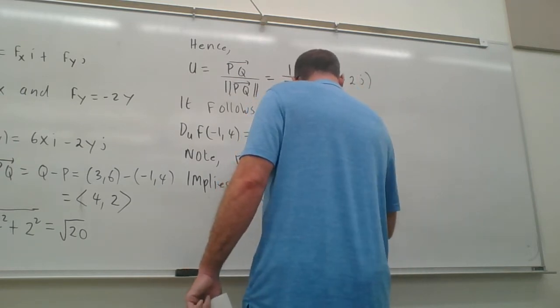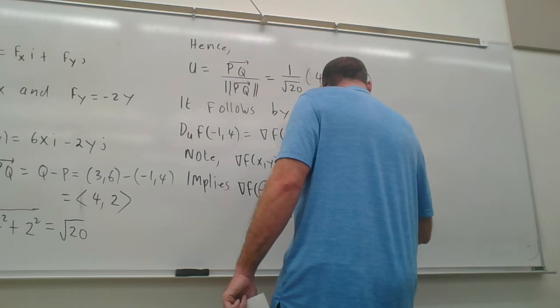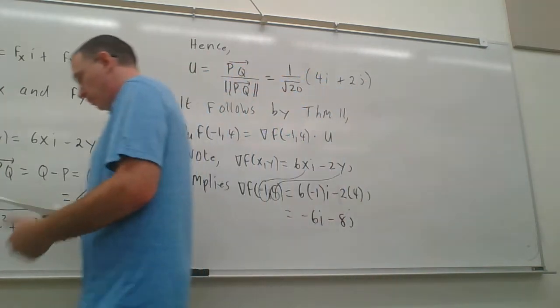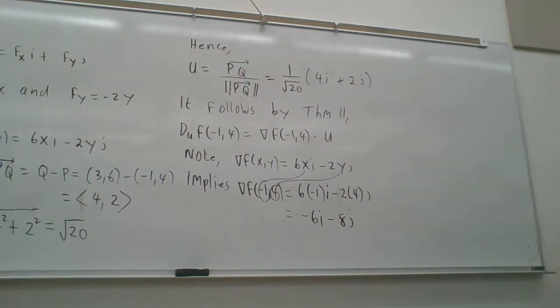So it will be negative 6i minus 8j. Okay?